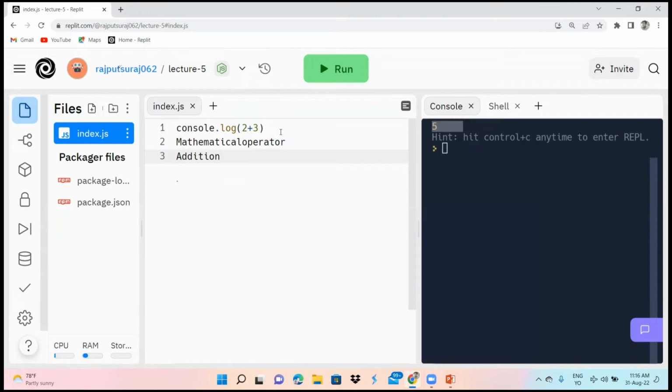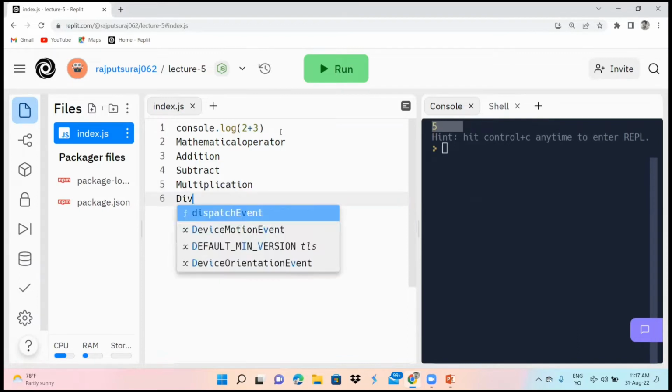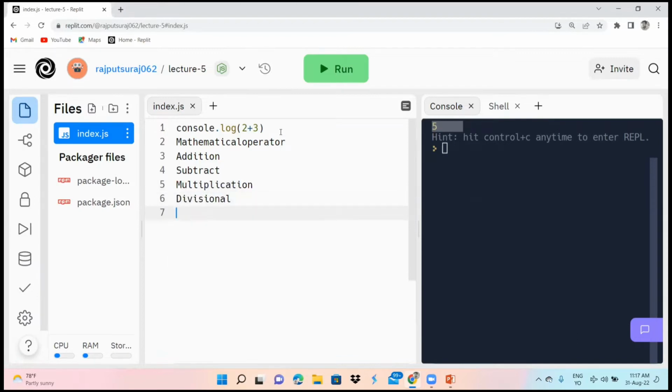First is addition, second is subtraction, third is multiplication, and fourth is the division operator. You can see all of these are basic mathematical operators.